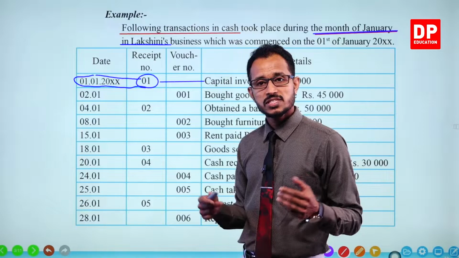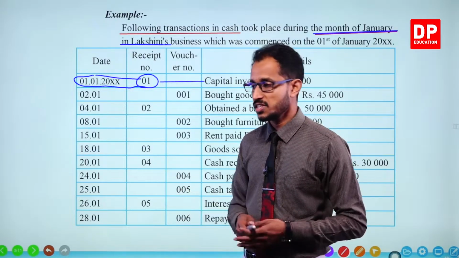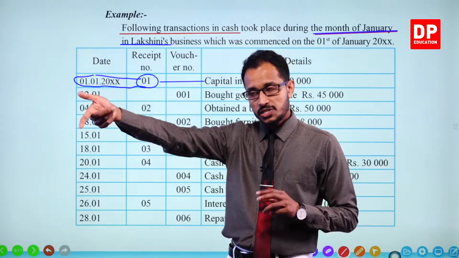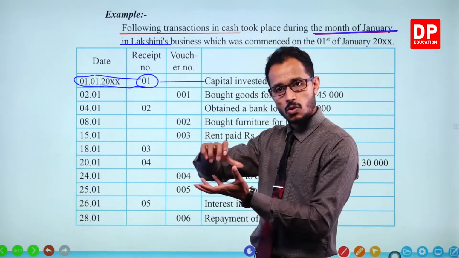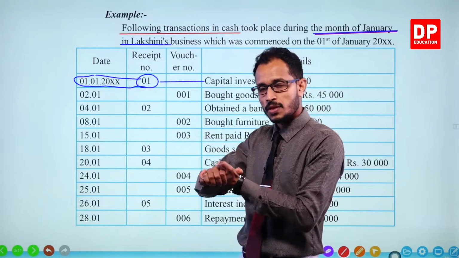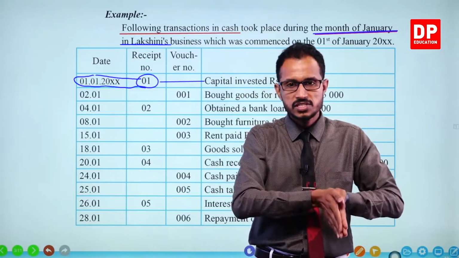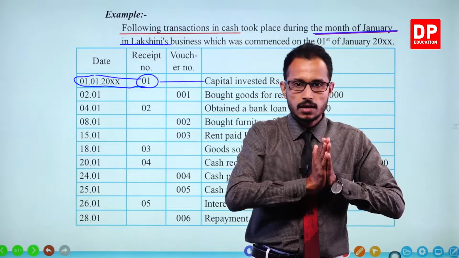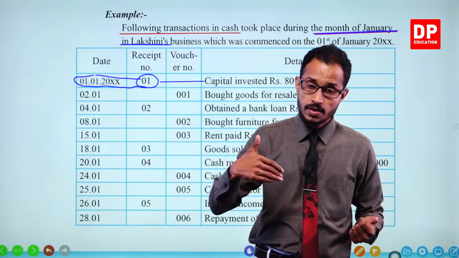Well, it is a cash receiving. We get cash from the owner. Cash money. This money is put in the cash register or the cash till. That's it. So it's a cash income, a cash inflow.